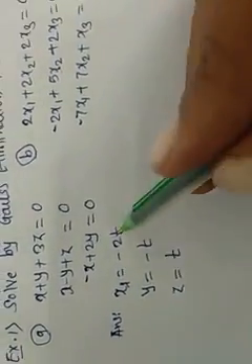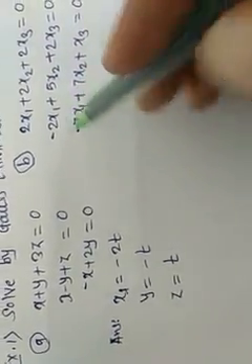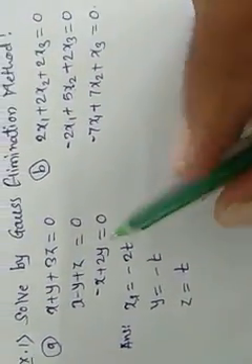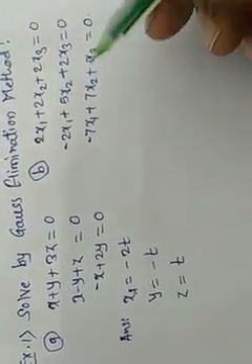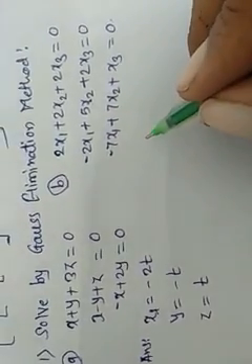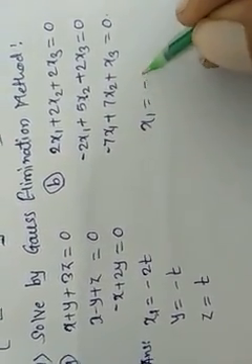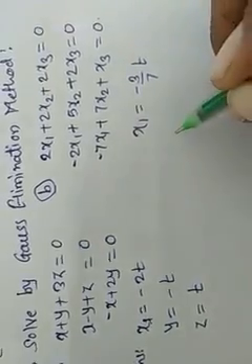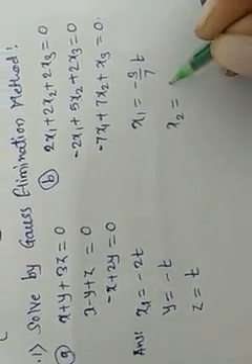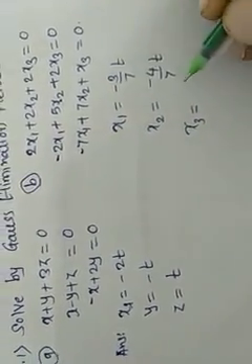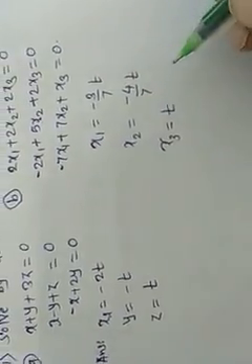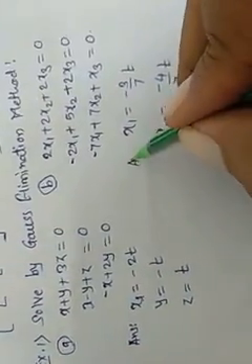Here only one column has no leading one, so one variable is free. The second example has the solution x1 equal to minus 3 upon 7t, x2 equal to minus 4 upon 7t, and x3 equal to t. Please solve these examples.